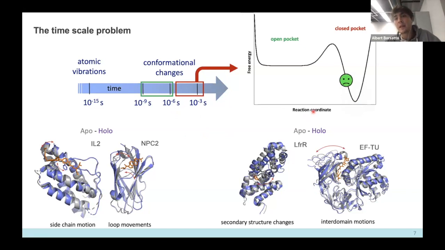If we think about the two pocket configurations, open and closed, as two different accessible states in the free energy landscape of the system, and we simulate this system with unbiased MD, we're going to get stuck in an energy basin, and we're never going to overcome the energetic barrier in order to sample the open pocket configuration.